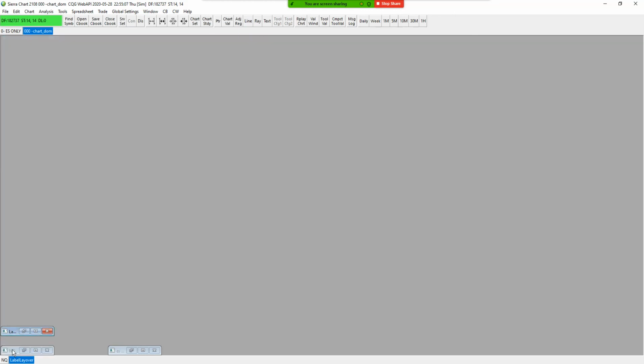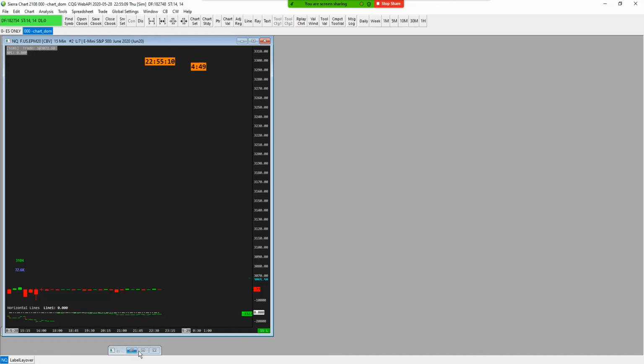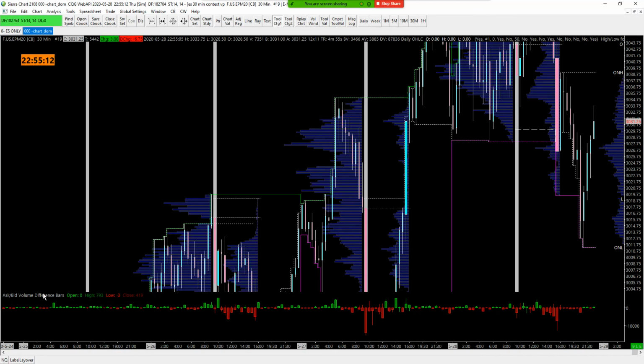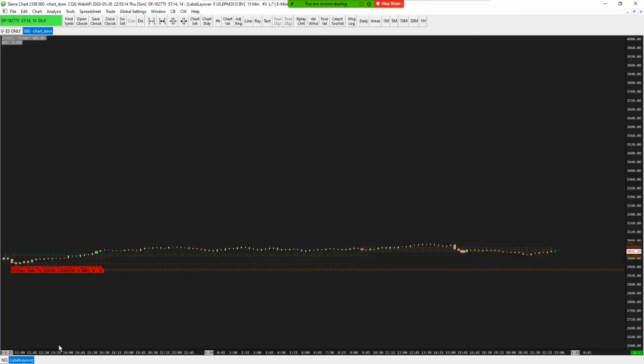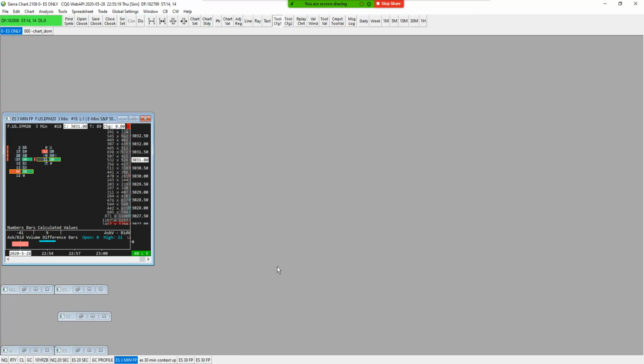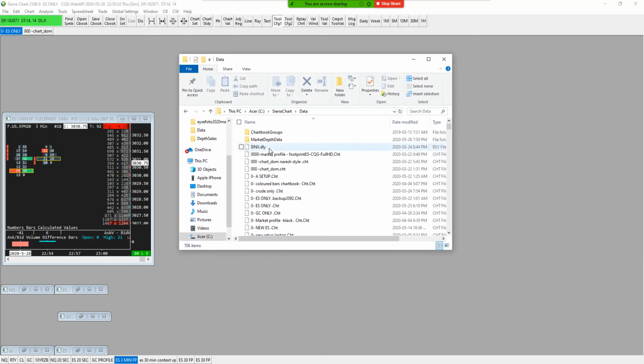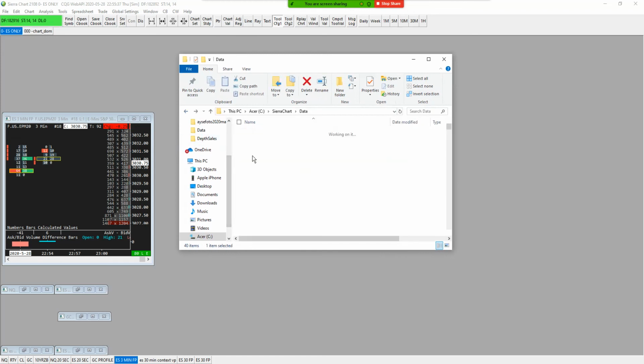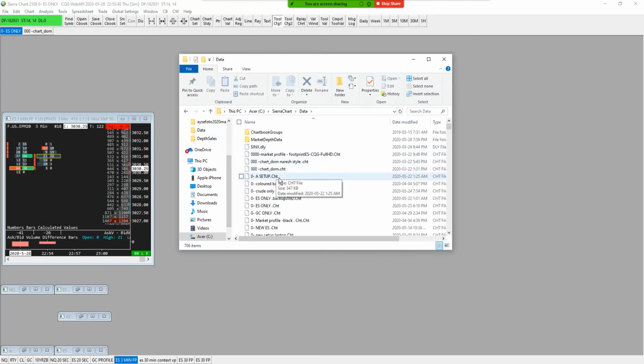Is it loading? Is it taking some time to load? The chart book, I mean, you put it here in Data, right? You copied it here, and was that right?